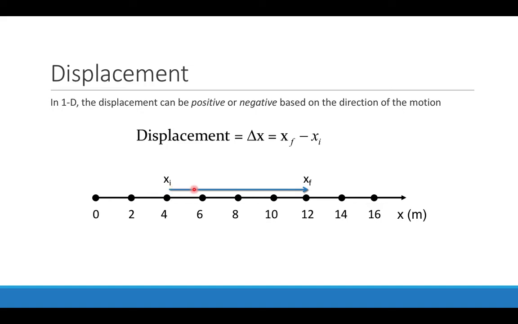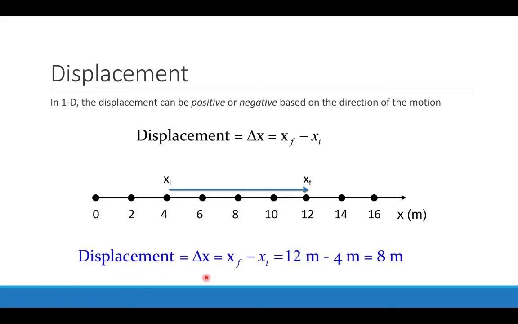So this is obviously pointing along the positive direction on the axis, and I can determine what the displacement is by taking my final position of 12 and subtracting my initial position of 4 meters, and I get my displacement is 8 meters.